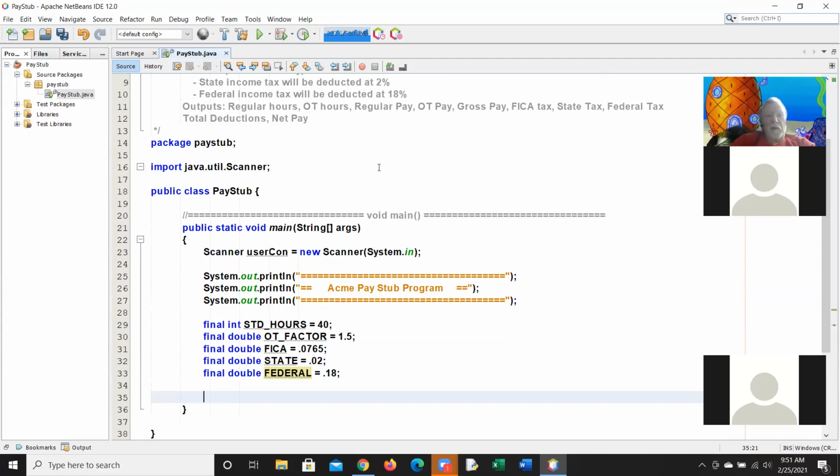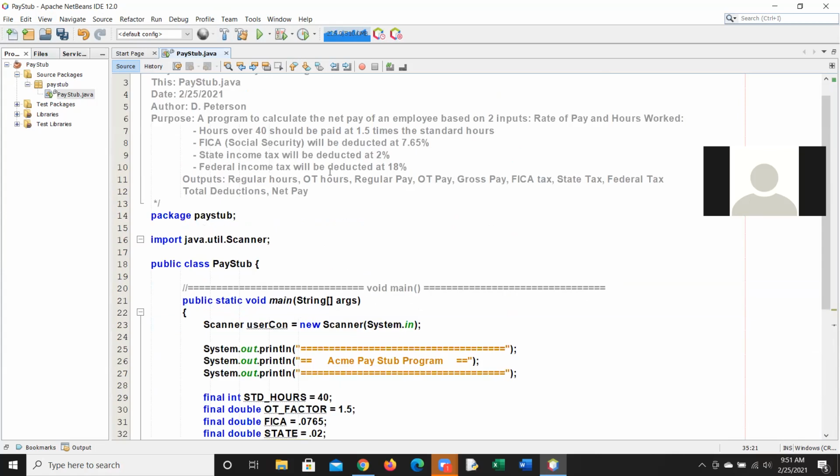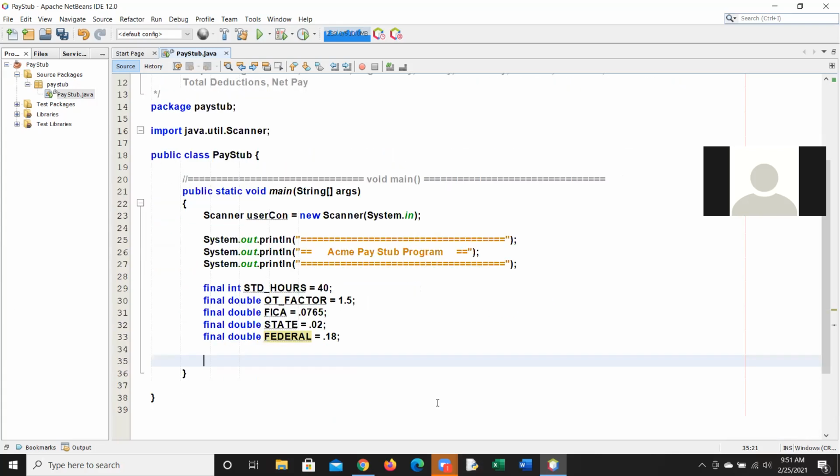Well, what do you think? Ray, what kind of constants are we looking at here? We have rate of pay, and then we have standard hours, but I would say your hours worked could definitely be a variable, especially since we're calculating overtime. So those are the first two we need.